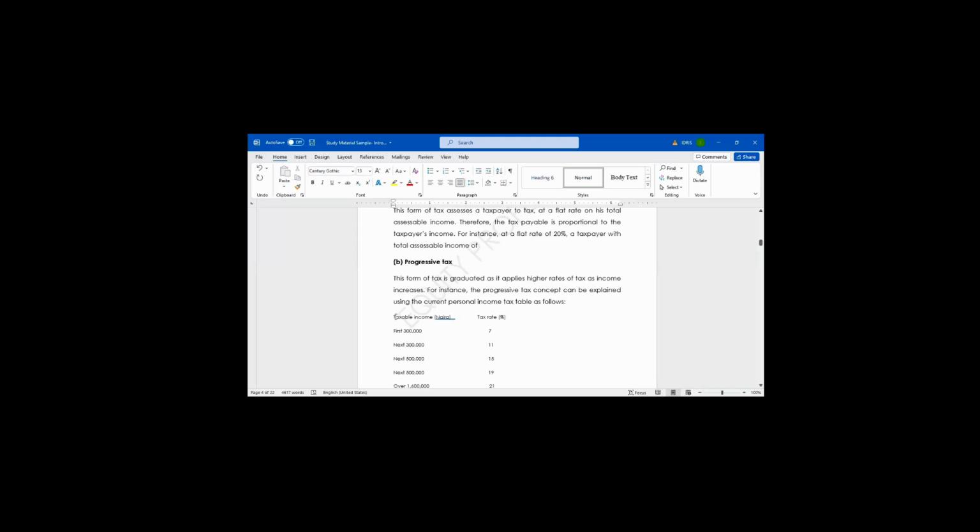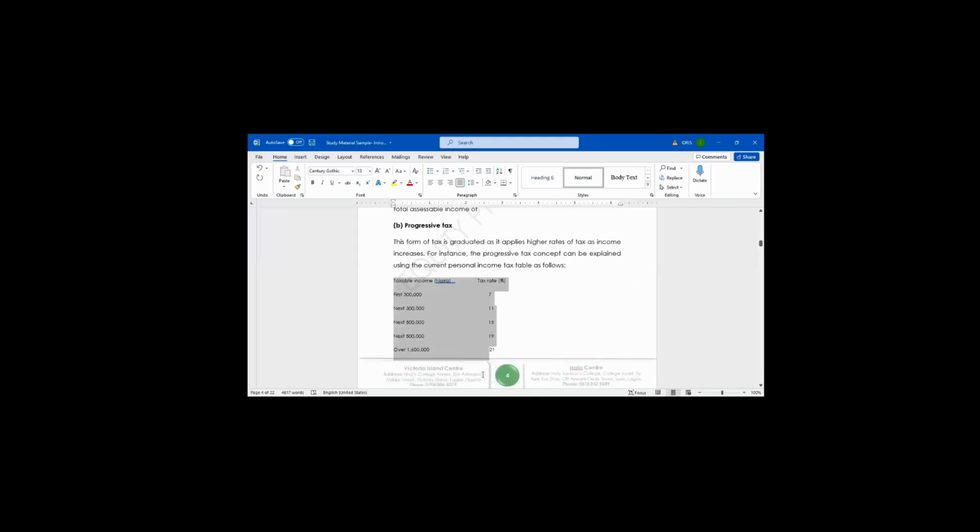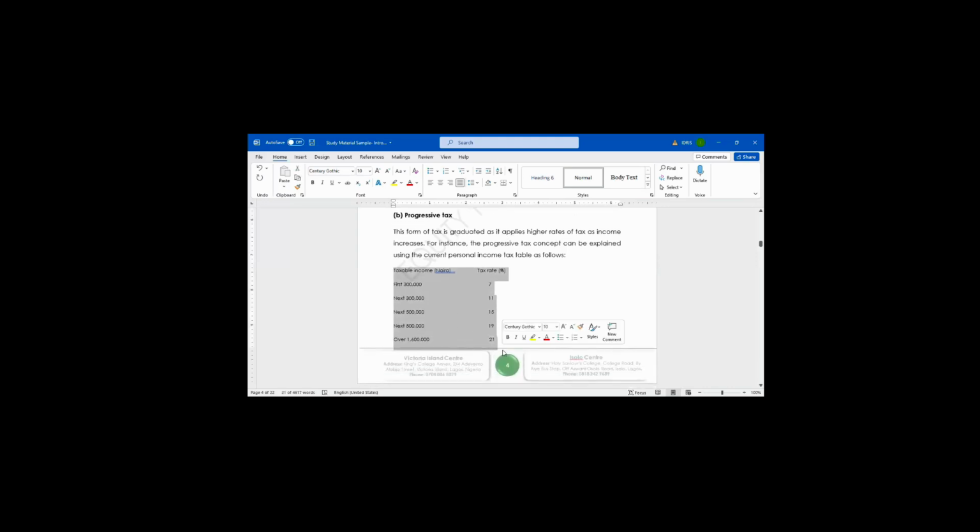First 300,000 is going to be taxed at 7%. Second 300,000 is going to be taxed at 11%. Next 500,000 is going to be taxed at 15%. Next 500,000 is going to be taxed at 19%.